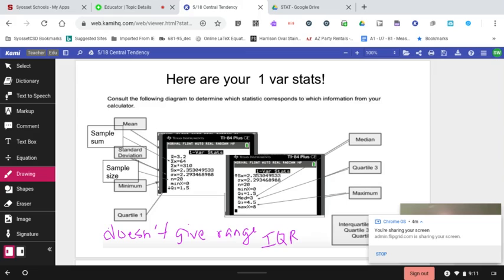You would have to figure those out by subtracting the min from the max for the range. The IQR would be to subtract Q1 from Q3, the third quartile. And the calculator will give you all this.